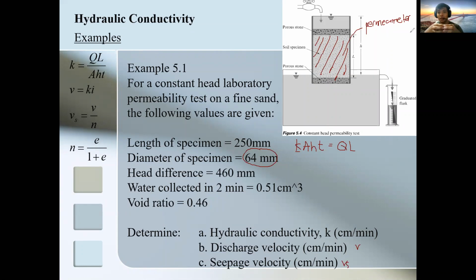Since our area is perpendicular to the direction of flow, the area of the specimen is circular, so we can solve for the area.